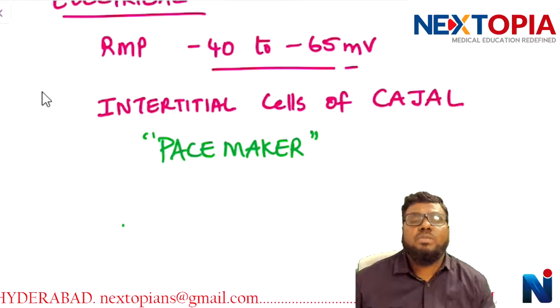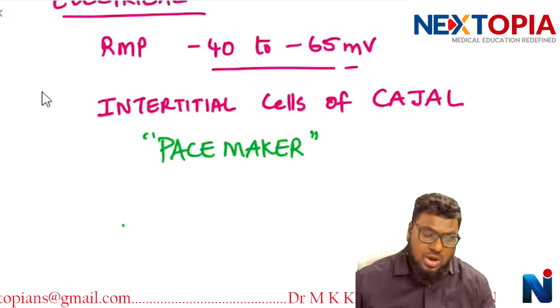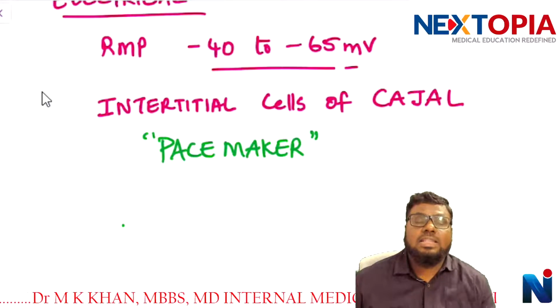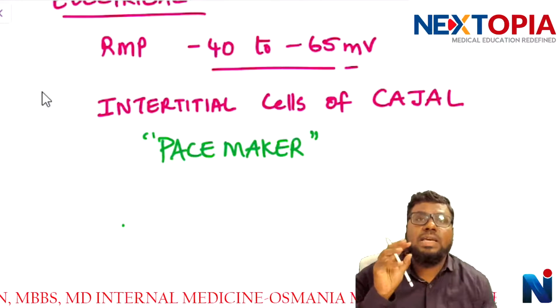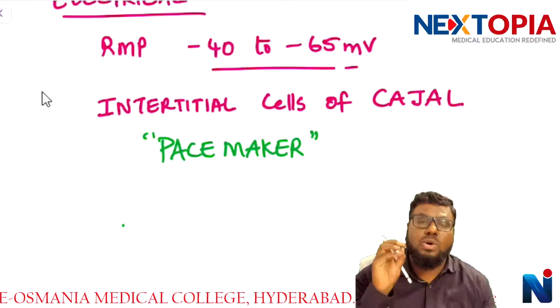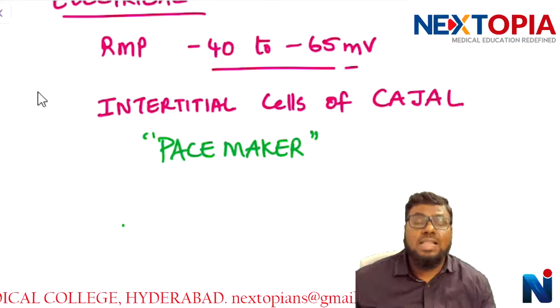Oscillation of the membrane potential is generated by the interstitial cells of Cajal, and this results in slow and rhythmic electrical activity till the threshold is reached.